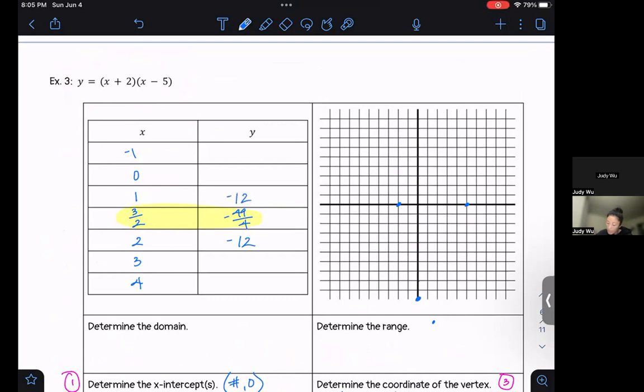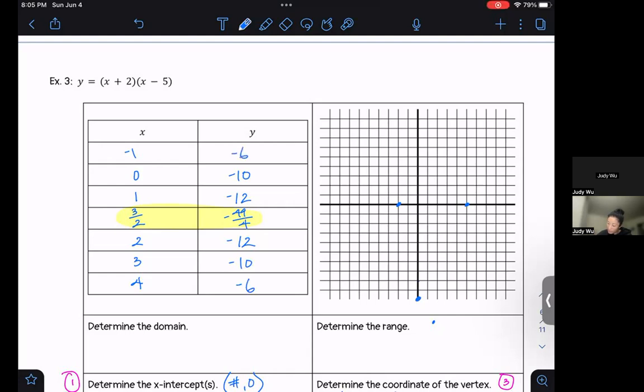Let's plug in 3 and see what happens. 3 plus 2 is 5. 5 times negative 2 is negative 10. And this is negative 10. Cool. We plug in 4. We get 4 plus 2 is 6. 6 times negative 1 is negative 6.